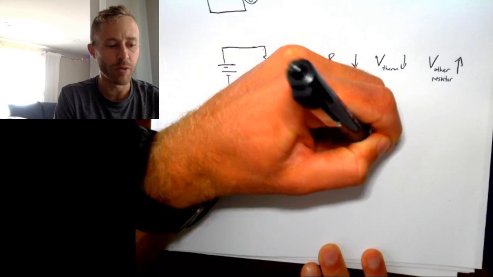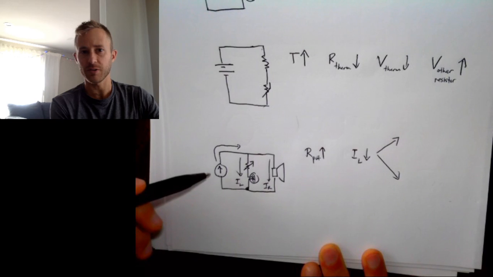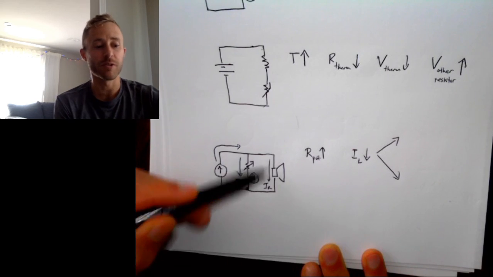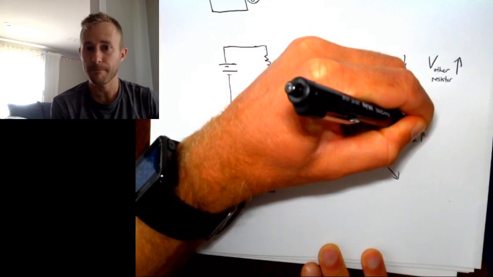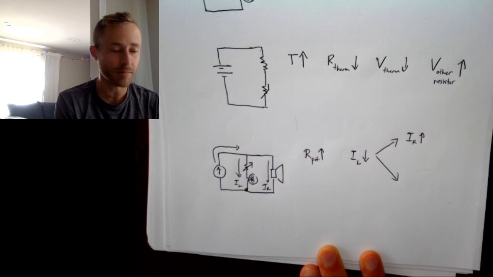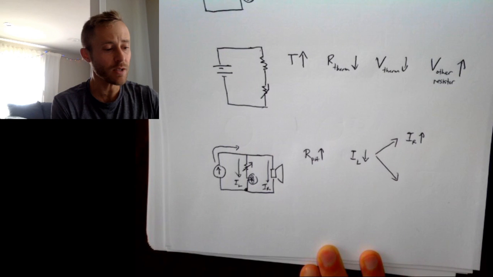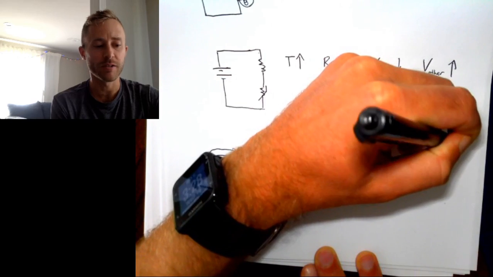Because the total amount of current is constant from this current source, if the current going through the left branch goes down, then the current going through the right branch goes up. And if the current going through the right branch goes up, that means there's more current flowing through the speaker, so the speaker will get louder.